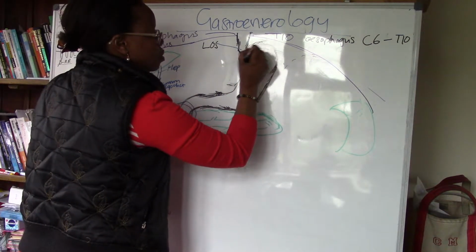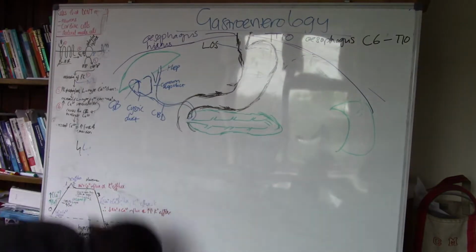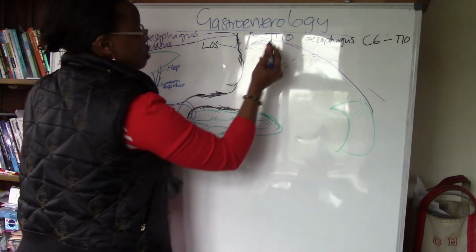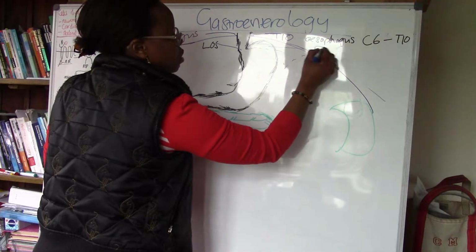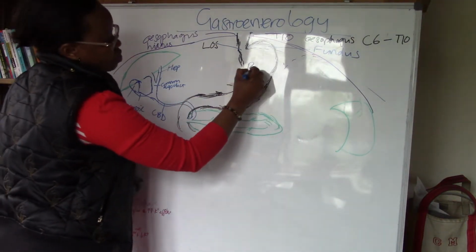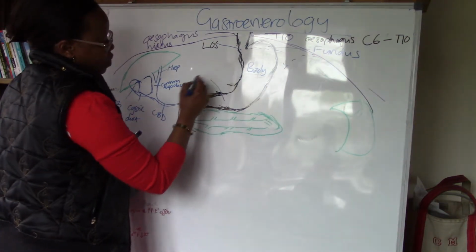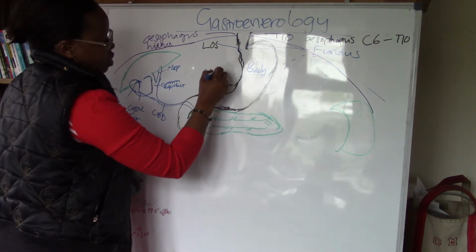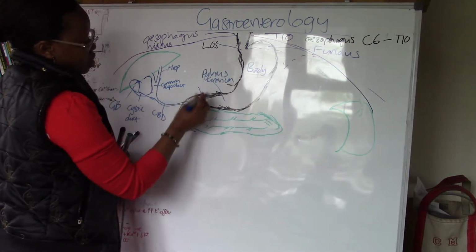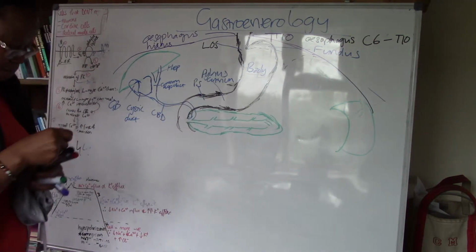So this part is called the fundus of the stomach. And this is the body of the stomach. And this is the pylorus antrum leading to the pyloric sphincter, which really is there.